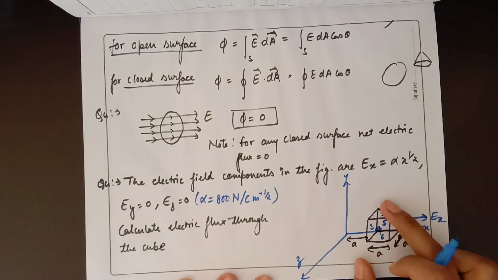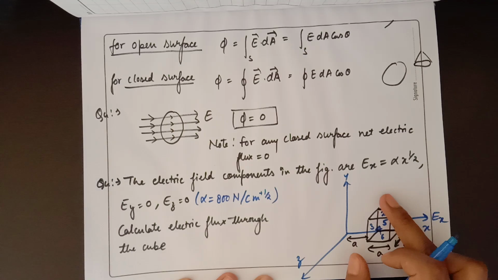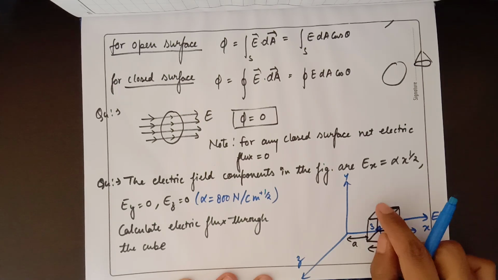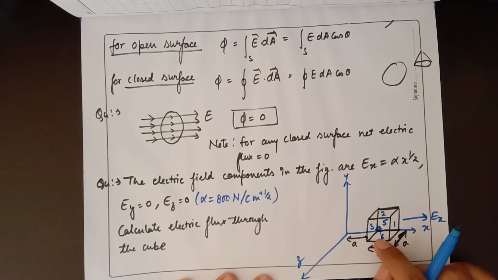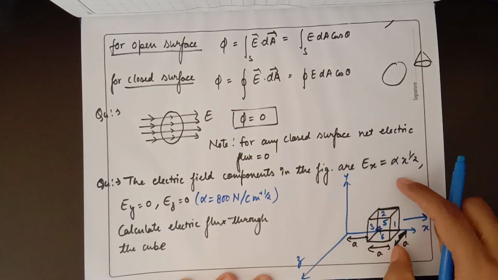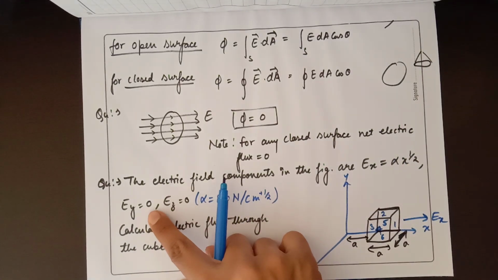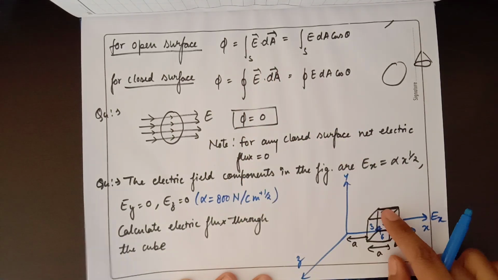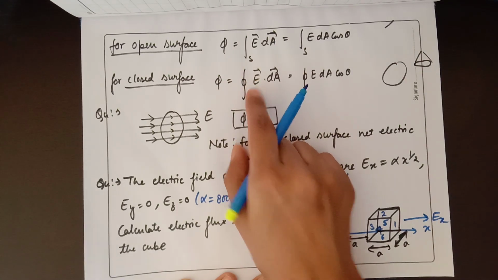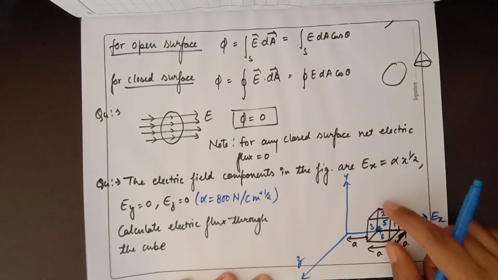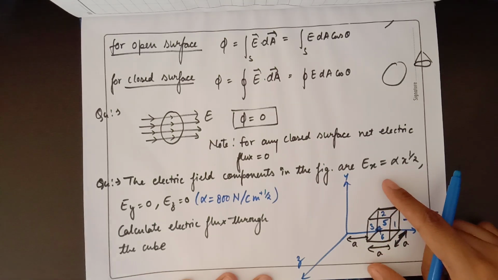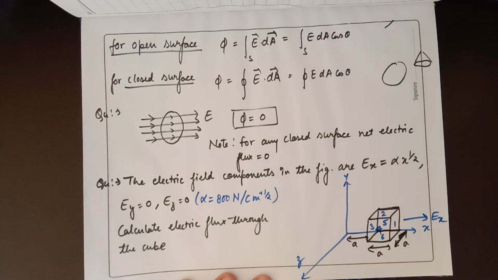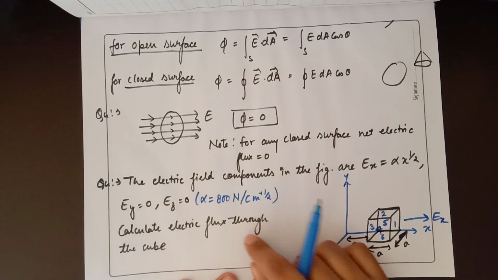See, 2 and 6 are in the y direction, meaning if we take the normal to the surface in face number 2 and face number 6, it will be in the y direction, and the electric field in the y direction is 0, so flux is equal to E dot dA, as the dA component is multiplied with the E component, and Ey is equal to 0, so the flux through 2 and 6 will be 0. Similarly 4 and 5 will be 0, only the 1 and 3 components will take part in forming the flux.